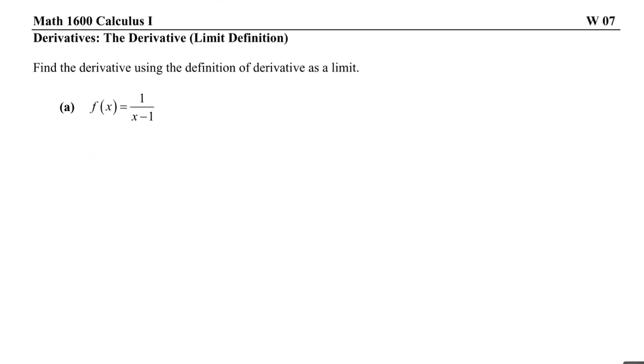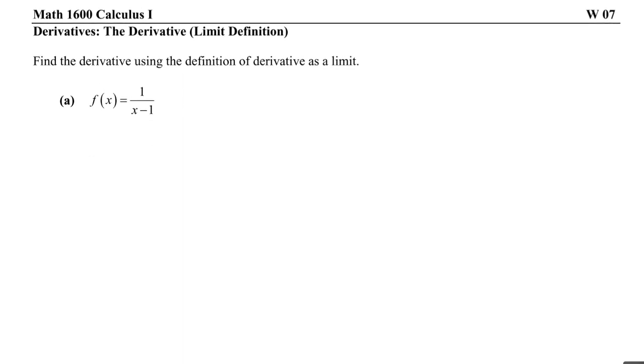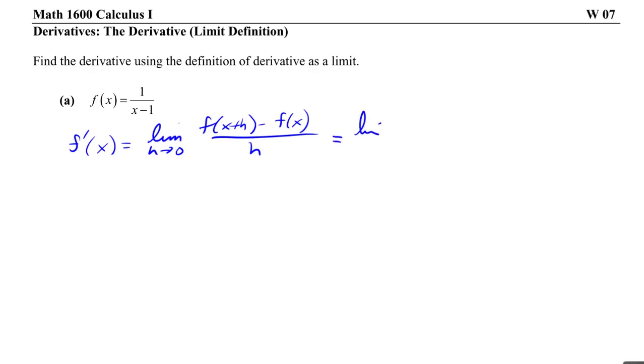So now let's go and do some limit definition calculations here. So if I want to find the derivative of f of x here, remember f prime of x is, by definition, the limit as h approaches 0 of f of x plus h minus f of x, all over h. Okay, then apply it to this specific function.